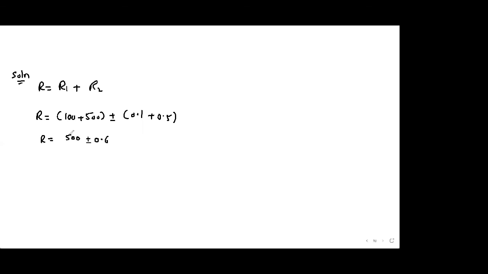Oh, sorry, 600 plus minus 0.6 ohm. Second part. Now you can calculate the percentage error. It's mean absolute error by mean value multiplied by 100. So it's 0.6 by 600 into 100. That comes out to be 0.1%.